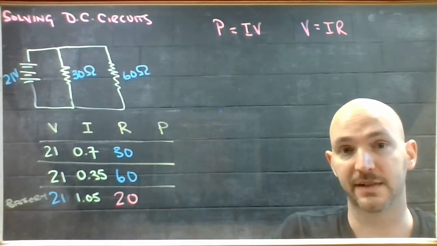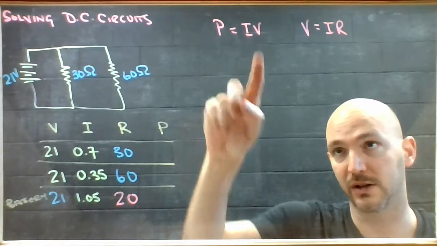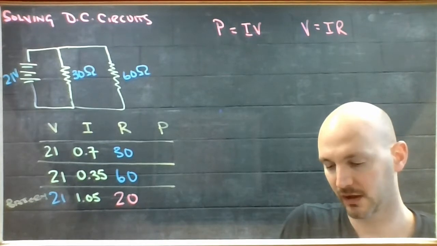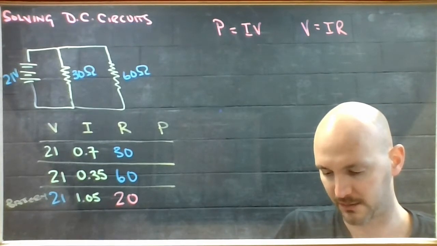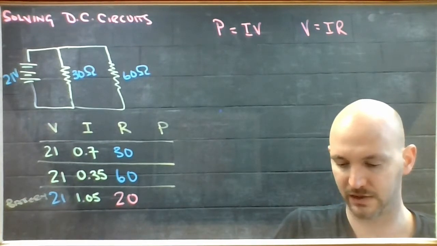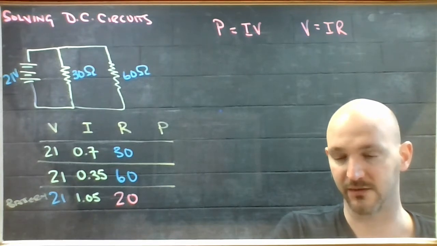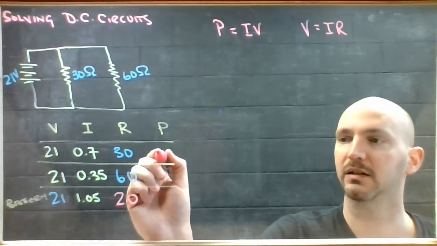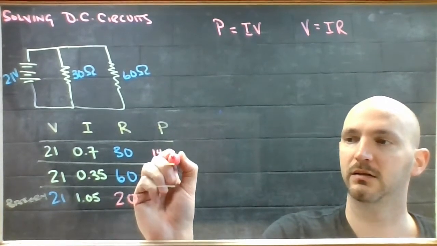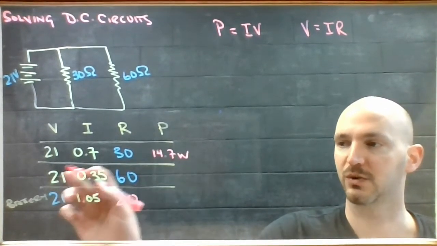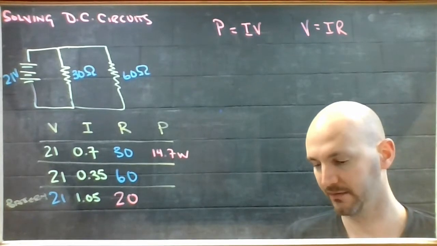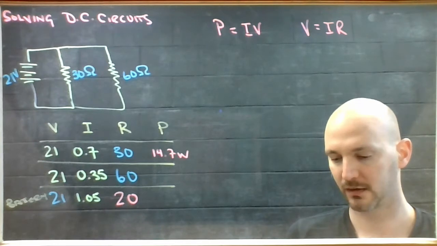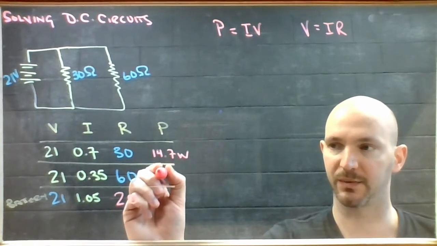Last column I need is the power. I get power from current times voltage, so that's these two numbers multiplied. So 21 times 0.7 gives me 14.7 watts. Let's put this in pink. 21 times 0.35 is 7.35 watts.